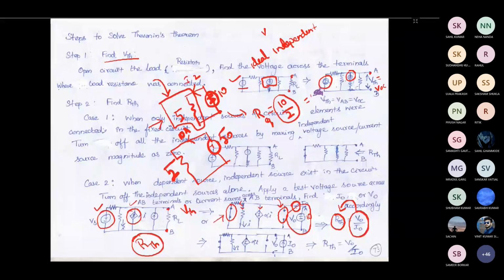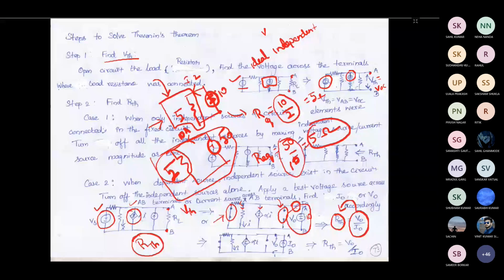Similarly, for the other circuit, even if you do not know the 5 ohm resistance value, R equivalent is 50 divided by 10, which is 5 ohm. So based on the ratio of voltage and current, you can easily obtain the equivalent resistance. That is what they have done here.